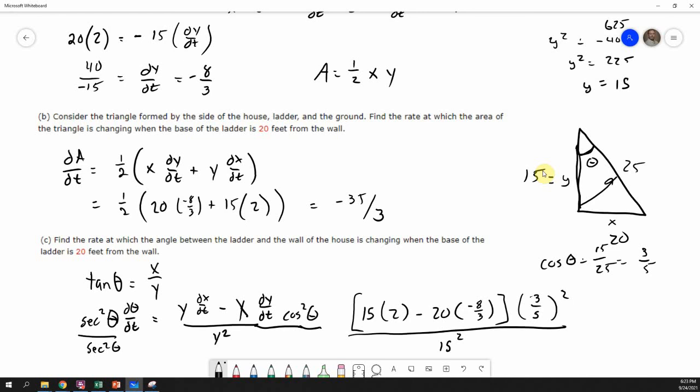That is supposed to be 15. So 15 times 2 is 30, minus 20 times negative 8/3 times 9 over 25 divided by 15 squared gives me 2/15. Right? That's better.